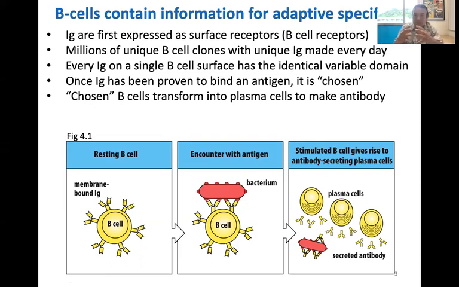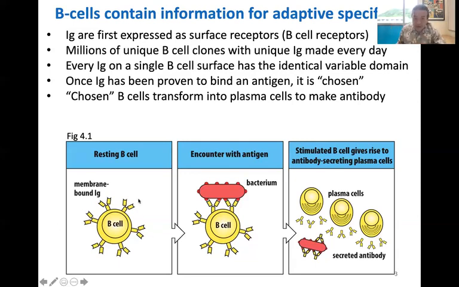At this point, this B cell with these B cell receptors has very little interest in releasing these as free floating immunoglobulins, right? Why? Because this B cell, let's say, just finished being formed in your bone marrow and now is released in your blood, is just one of several 100 million B cells that your body will make today, each one with a unique immunoglobulin on its surface.